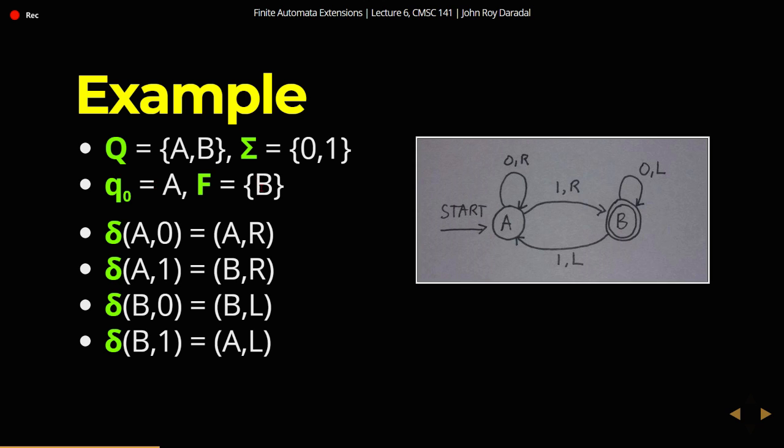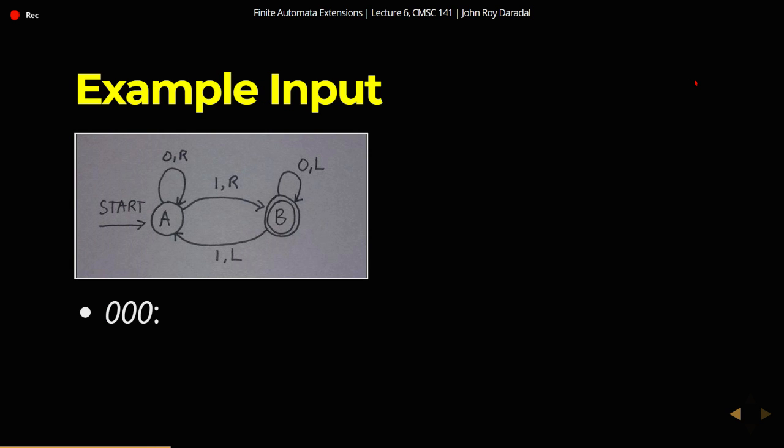Start state is A, final state is just B, and then for the transitions, A on 0 still goes to A, and the direction is R, or right. A on 1 goes to B, and the direction is also right. Now B on 0 will stay in B, and the direction is left. And then B on 1 will transition to A, and the direction is left also. Okay, so this is an example 2DFA.